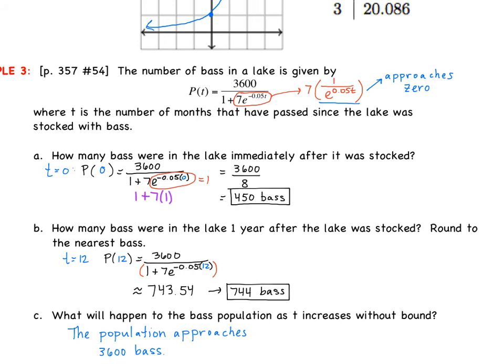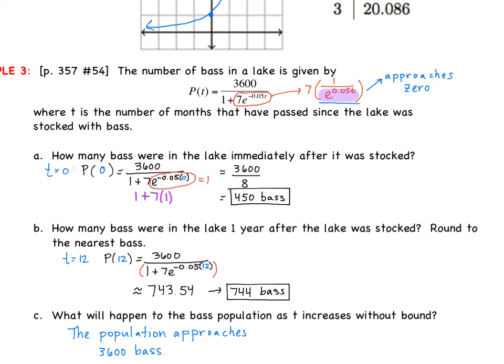That's what that means. So this is where I want you to take your attention back up here, where we rewrite this e to the negative as 1 over e to the positive. What this means is as t is getting bigger and bigger, this e to that number is also getting bigger and bigger.